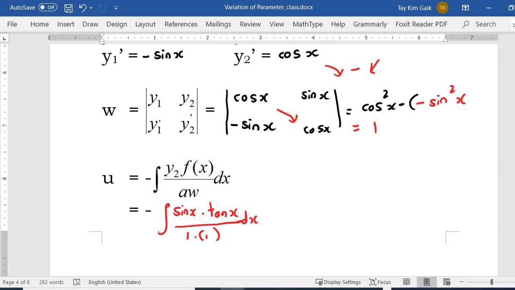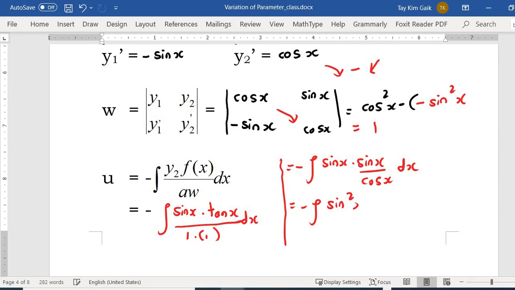Tangent x you can change to sin over cos. Put it here, equal to negative integral. Tangent you change to sin x over cos x dx. So now you got negative sin squared x over cos x.